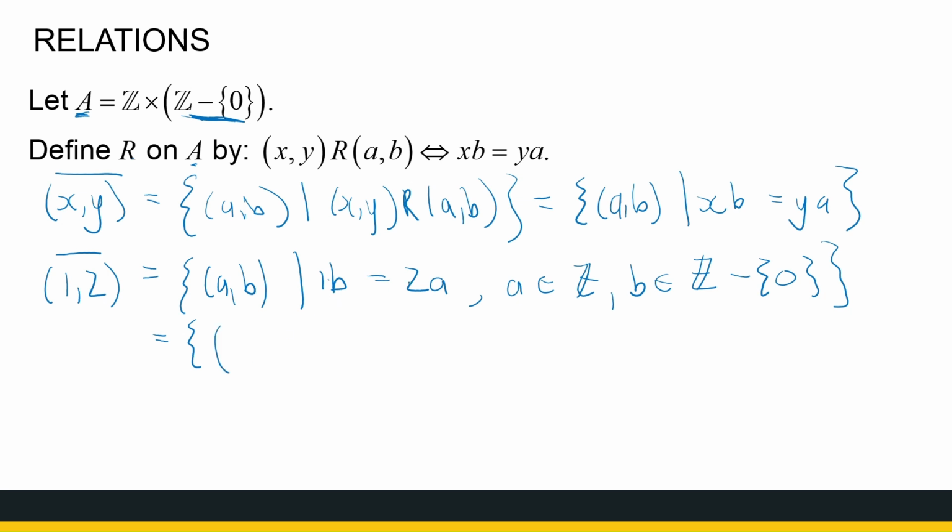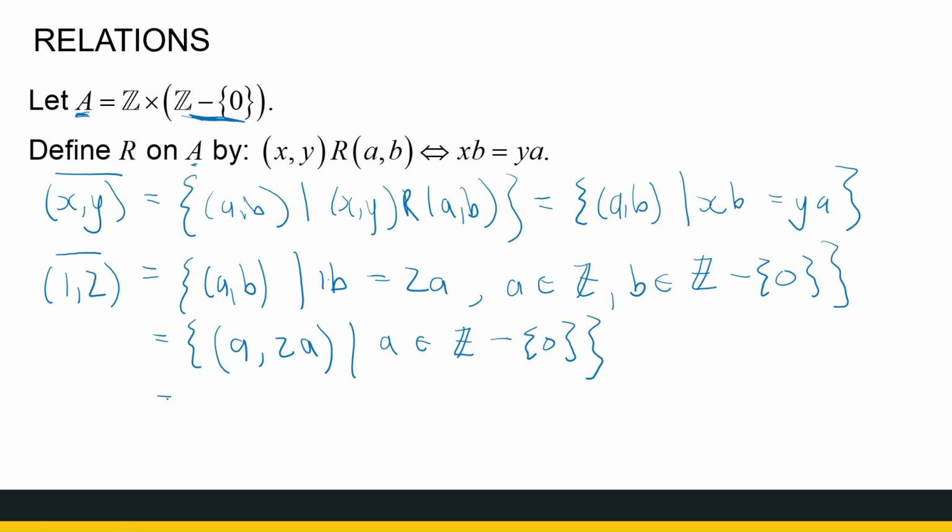So every time, b must be double a. So if I choose a, b is then just going to be 2a, and it's easier to have everything in one variable. So a is my variable. But then what do I know about the value of a? a must then be from the integers without 0. So a also can't be 0, because a and b are now linked.